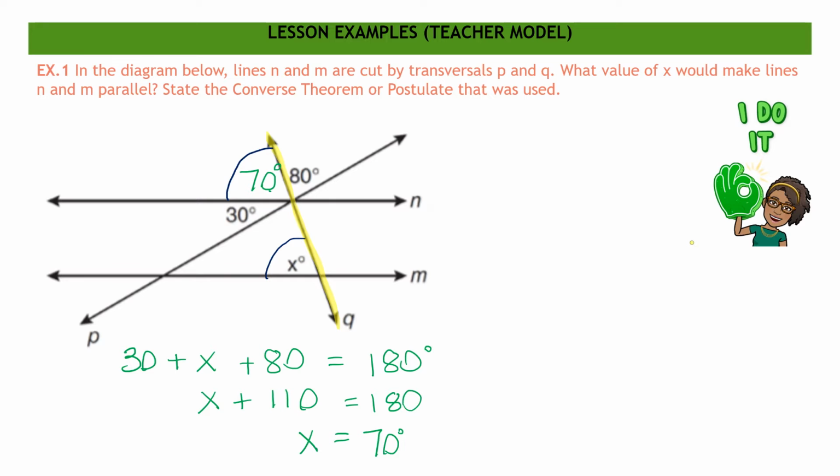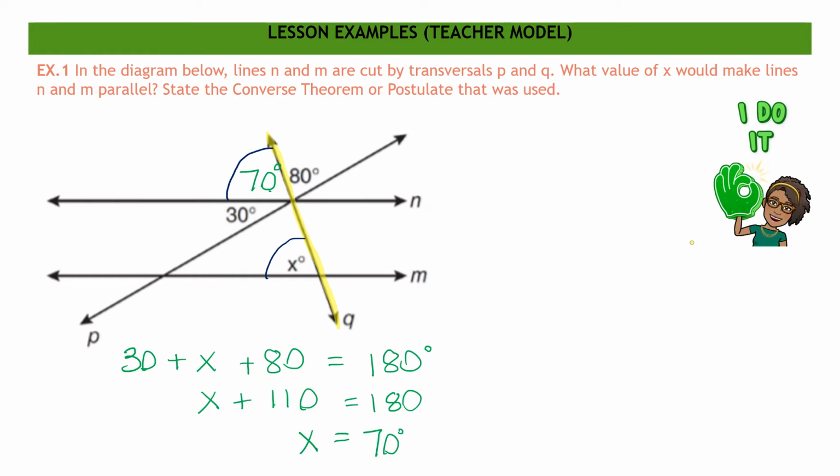Well, I see that both of the angles are touching the transversal line Q, and both of the angles are on the same side of the transversal. So that only leaves two options for me, either same side interior or exterior, or corresponding angles. Neither one of these angles is interior or exterior. One is inside and one is outside. So the angles are on the same side of the intersected lines N and M. That tells me that these two angles are in fact corresponding.